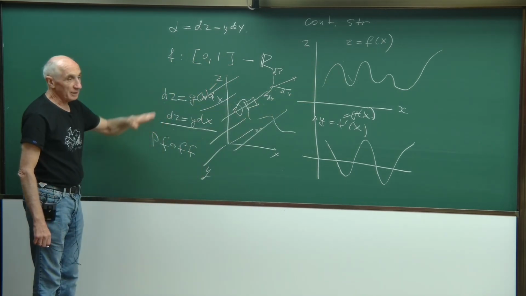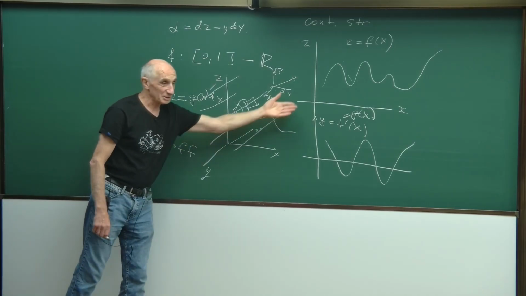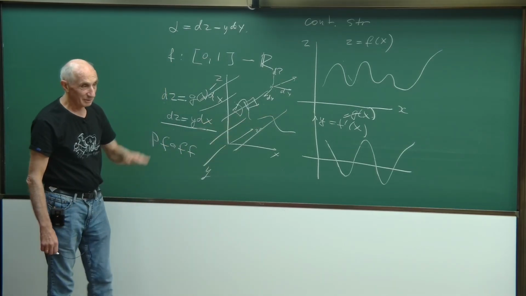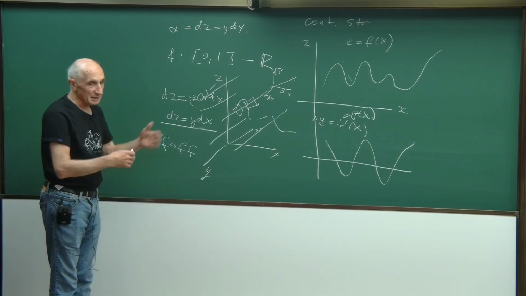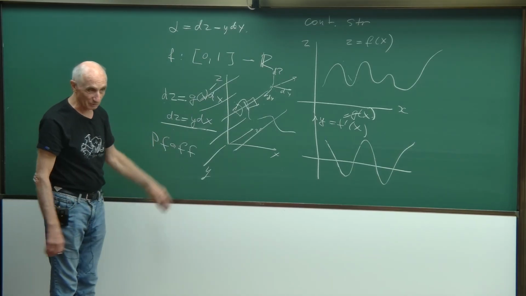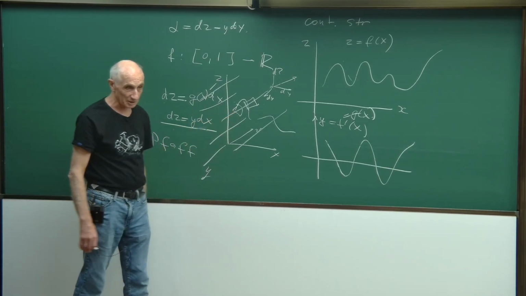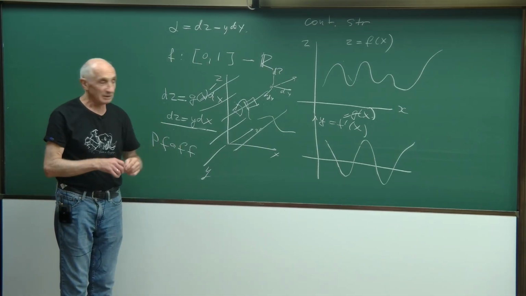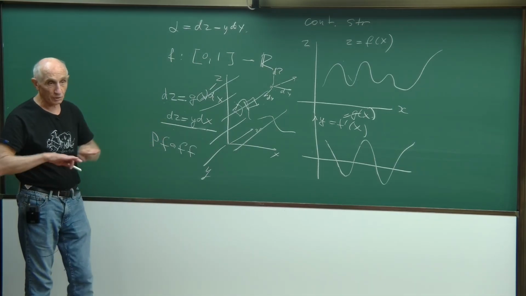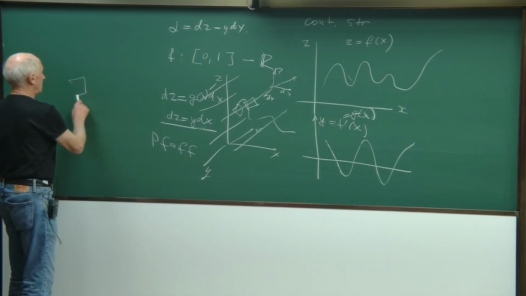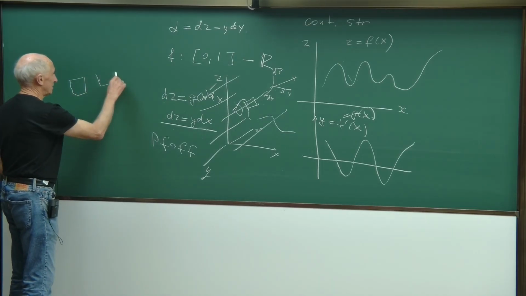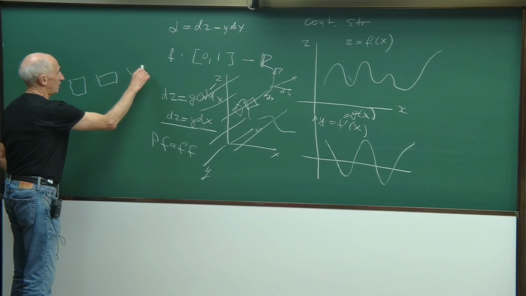So again, a contact structure is what is called a non-integrable plane field, and there are many definitions of what precisely non-integrability means. One definition could be the following. You have a space, and in this space you have a plane field.